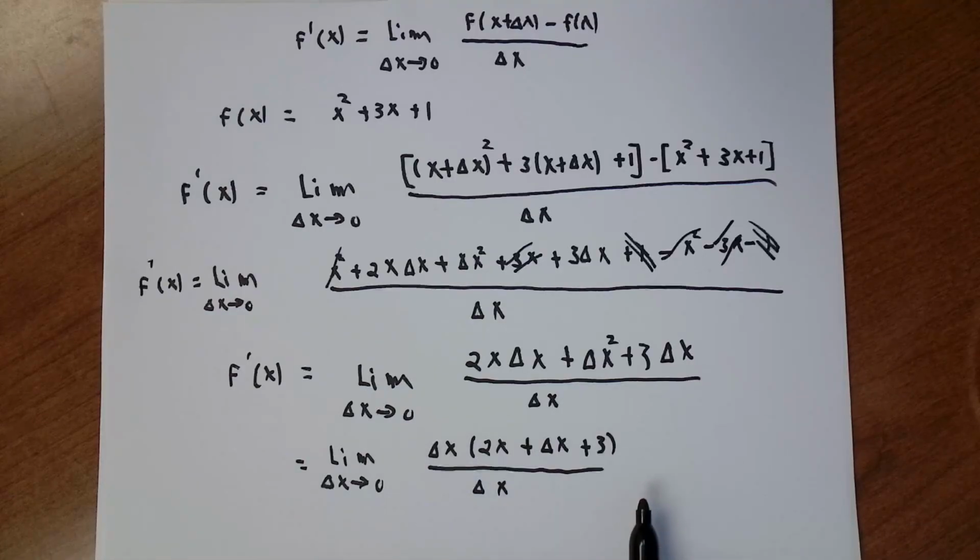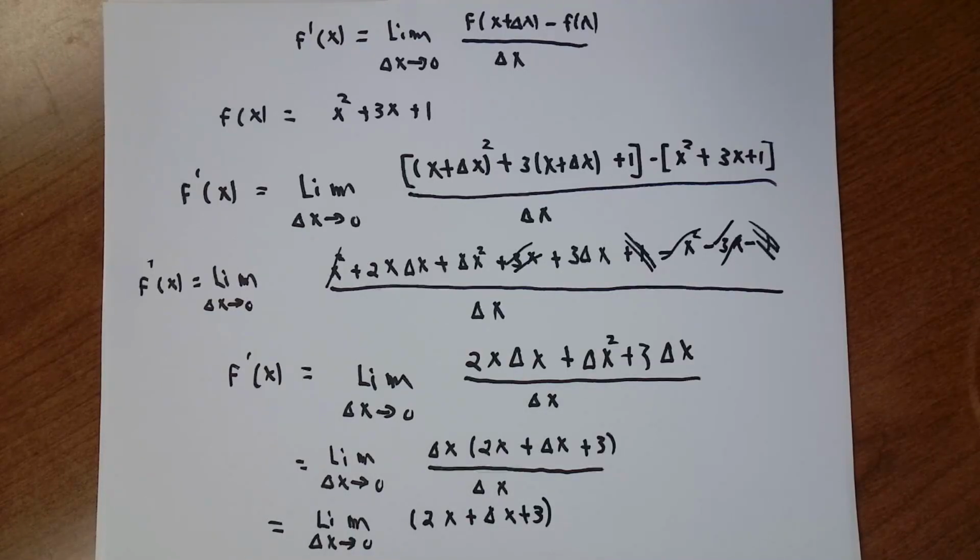This fraction is not always 2x plus delta x plus 3, but it is that number whenever delta x is not 0, which are the ones that we're looking at.